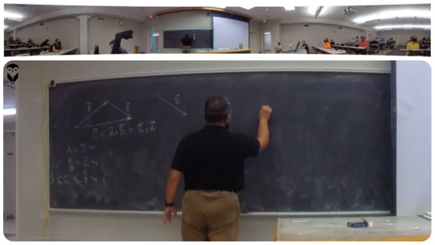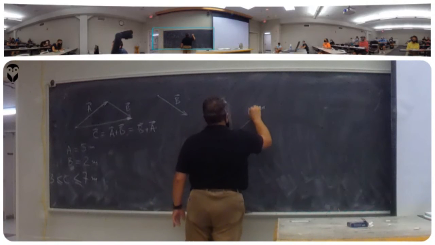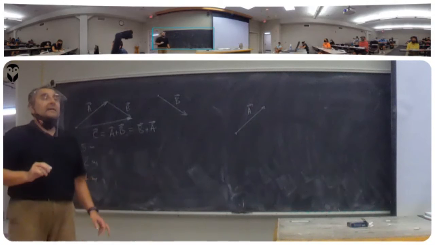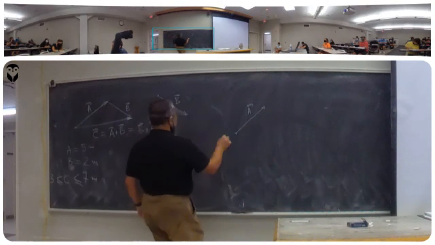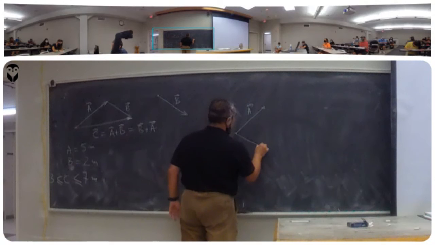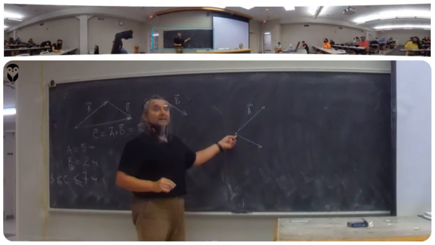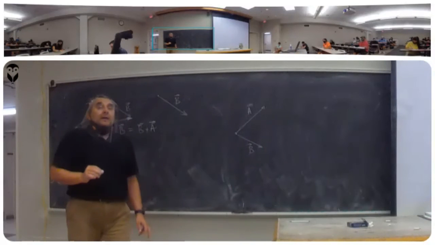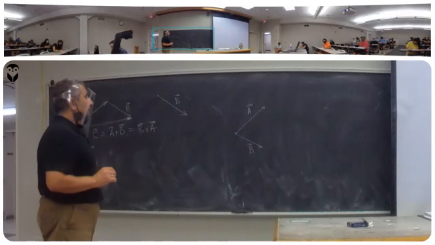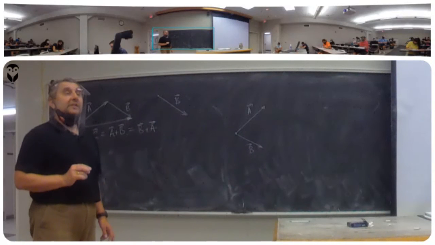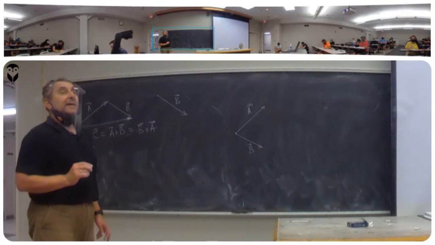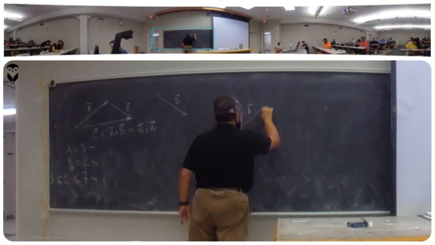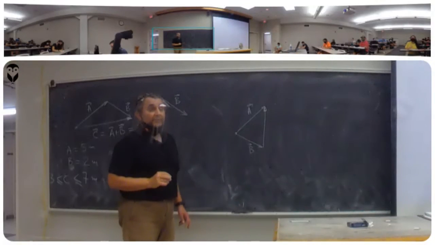And the rule is this. Take a representative of vector A, after that, draw a representative of vector B, starting from the tail of the first vector. So this is a representative of vector B. By definition, the difference of the two vectors, the vector A minus B, is a vector constructed by connecting the heads of the two vectors.